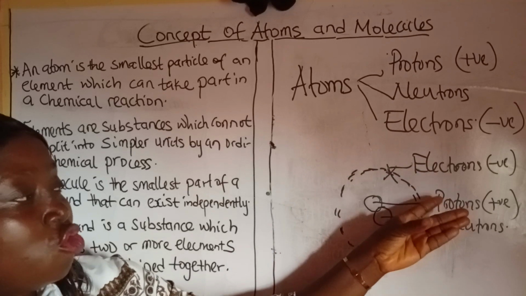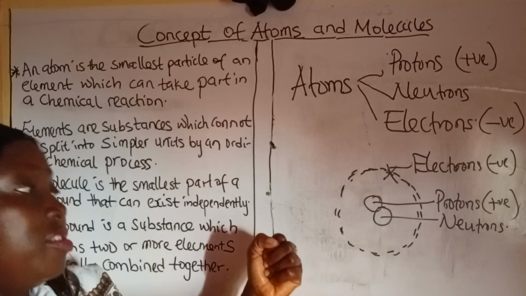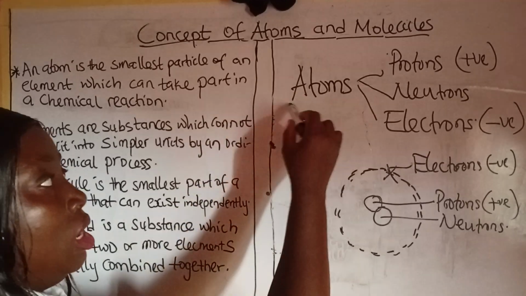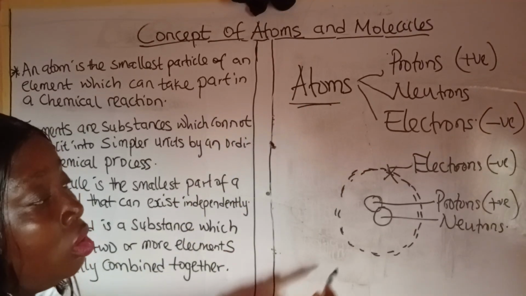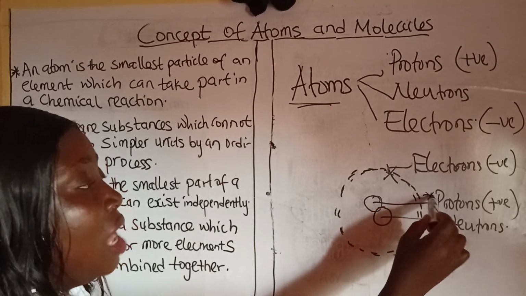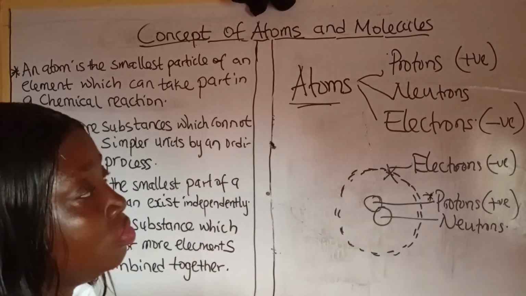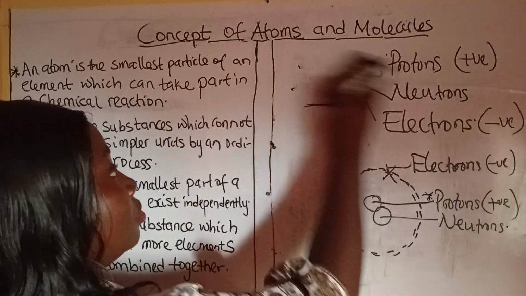Now, these protons and the neutrons account for the atomic mass of an atom, while only the protons account for the atomic number of an atom. Let me explain further.